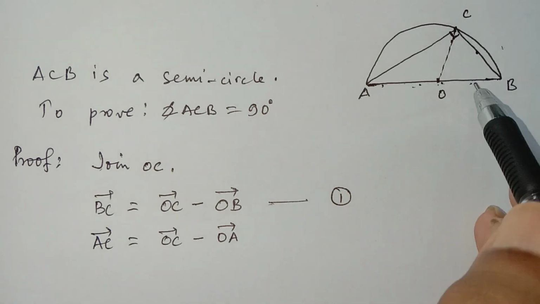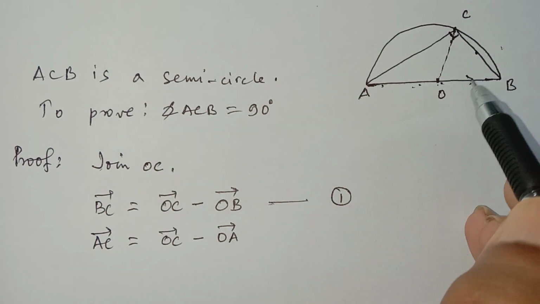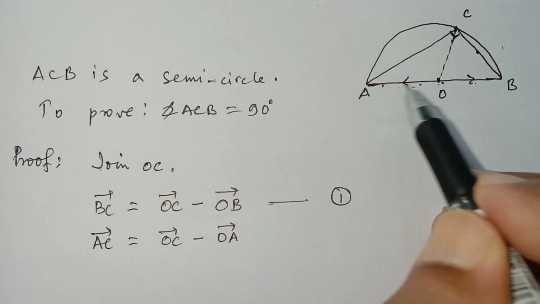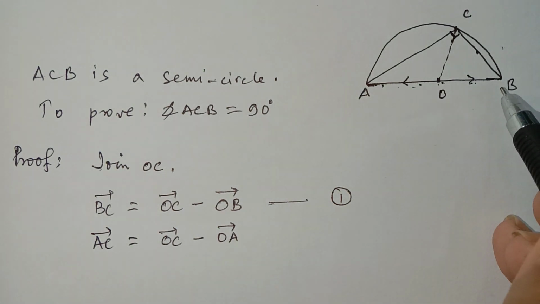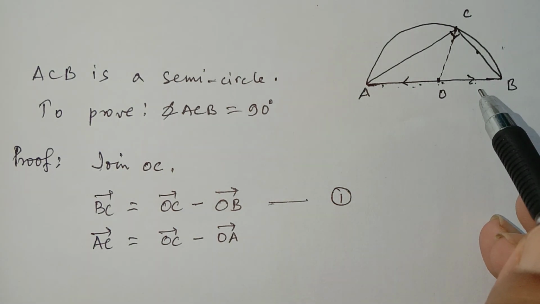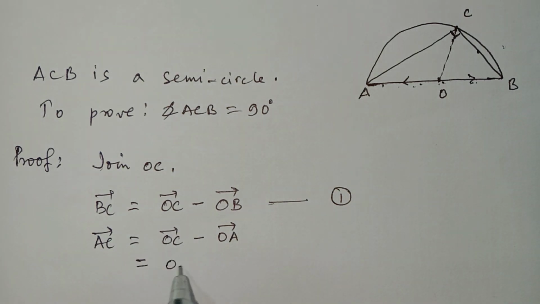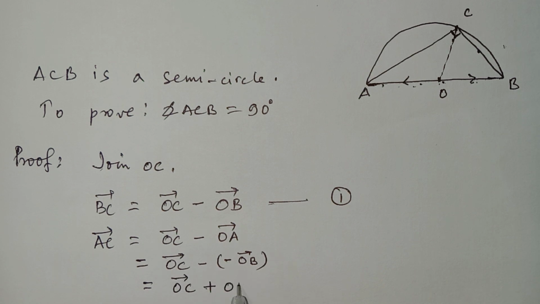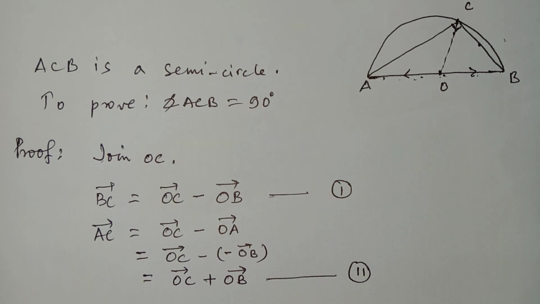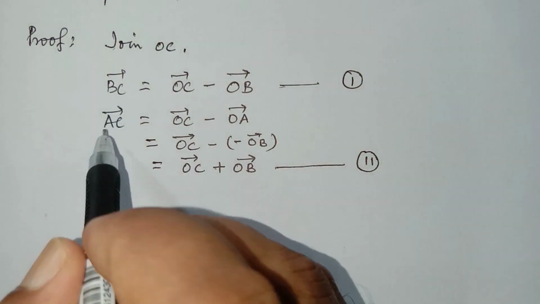These are the radii of a circle. But OB vector and OA vector are equal but opposite in direction, so one is the negative of the other. Hence I can say vector AC is OC minus negative of vector OB, because they are equal being the radius of a circle, so OC vector plus OB vector. This is number 2.